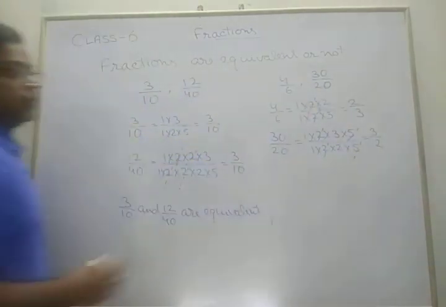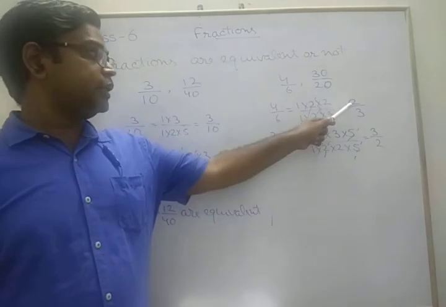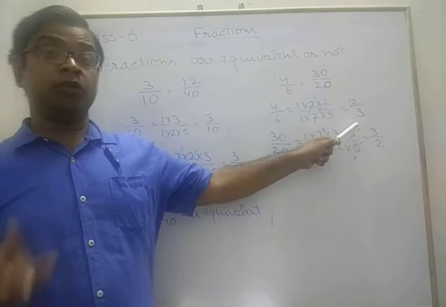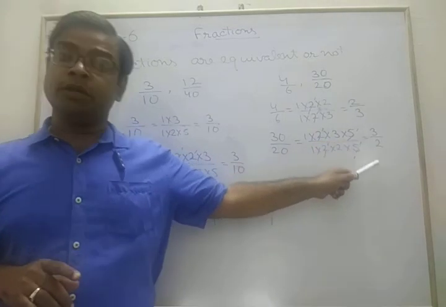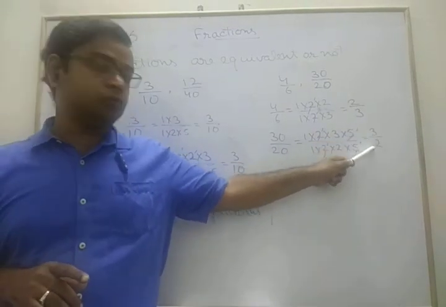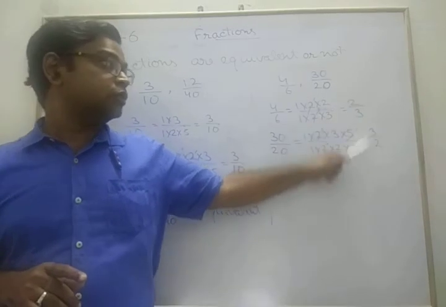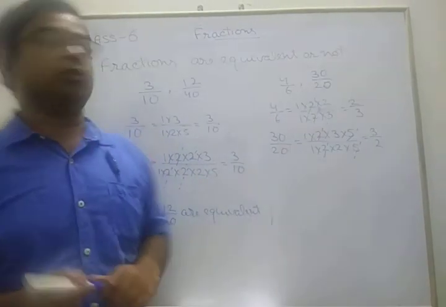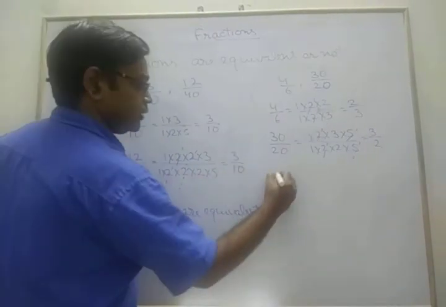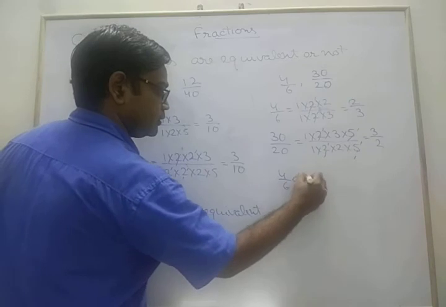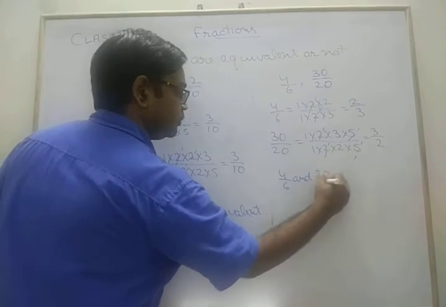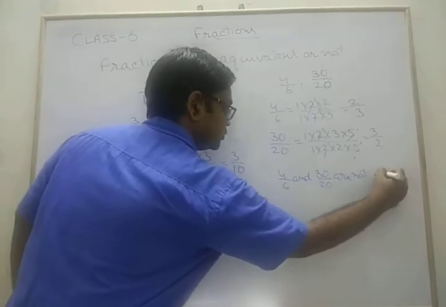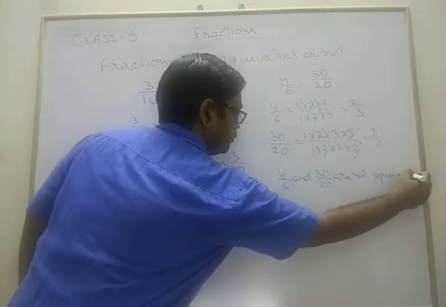Now we can carefully see that in one case the numerator is 2 and the denominator is 3, but in the other case the denominator is 2 and the numerator is 3. The numerator and denominator are interchanged, but not the same, so it is not equivalent. Write down that 4 upon 6 and 30 upon 20 are not equivalent.